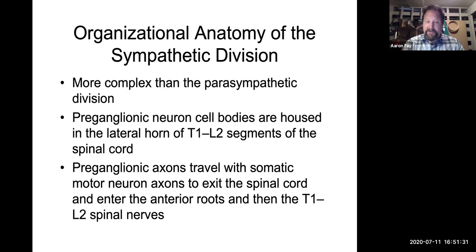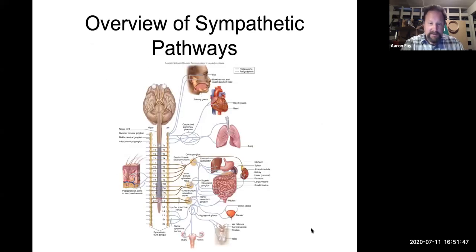Preganglionic axons travel with somatic motor neurons, right, and exit the anterior root, and they're going to form the spinal nerves along with those somatic motor neurons in T1 through L2. So here's our picture.